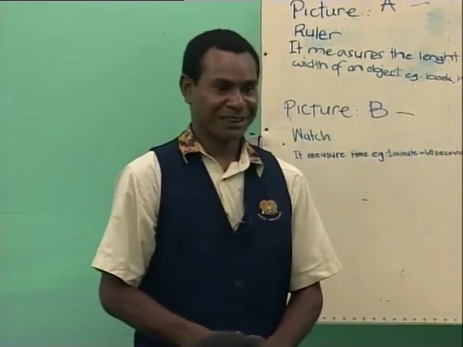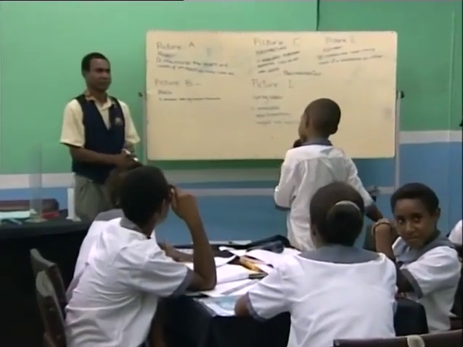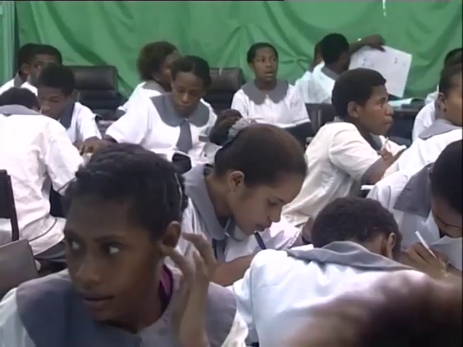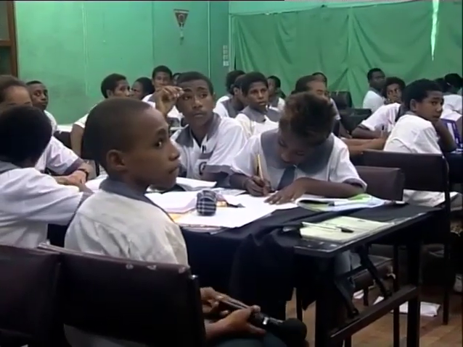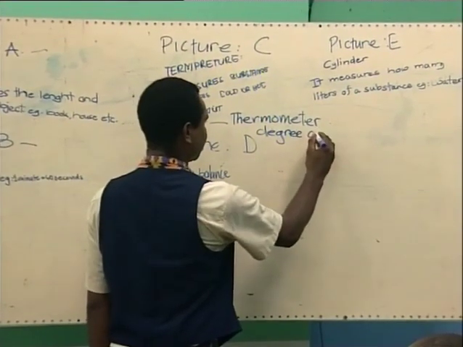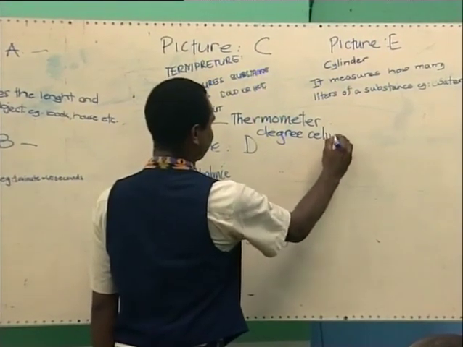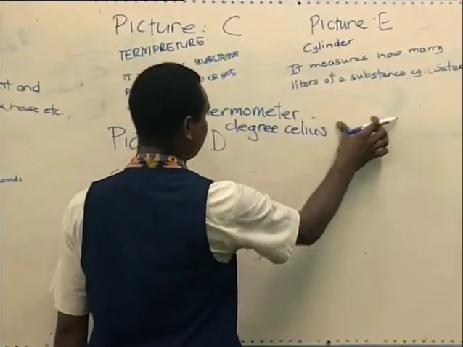Michael, come back to you again. 40 degrees Celsius. Okay, our unit is degrees Celsius. Okay, this is our symbol.